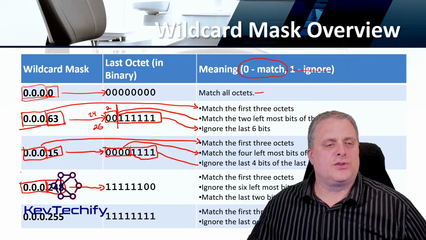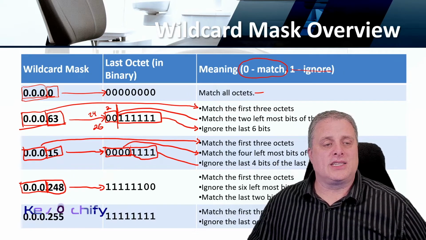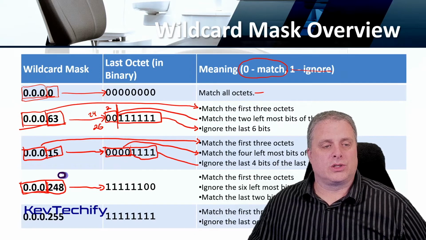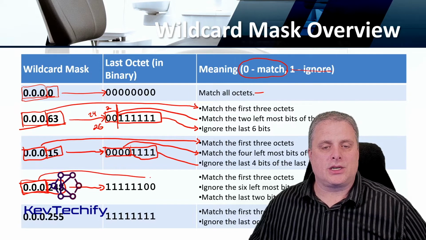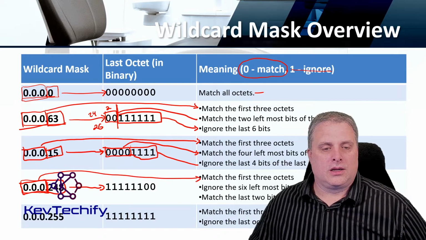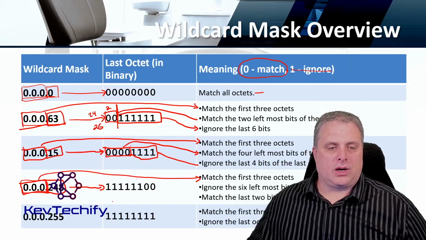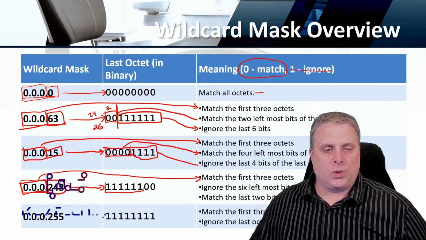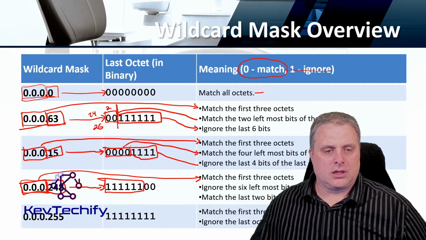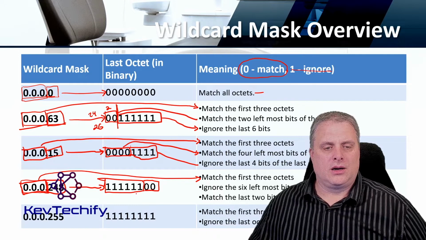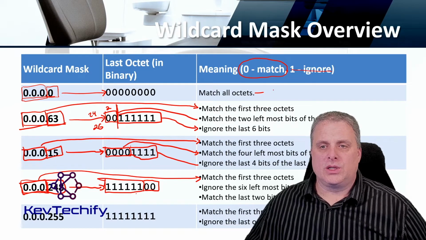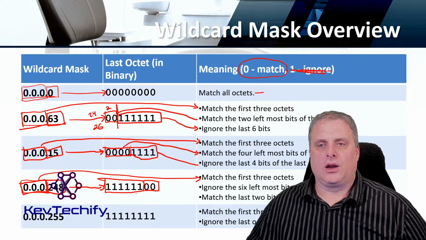If we look at the first 3 octets, our first 3 octets are all zeros. So we want those to match. We want these first 3 octets to match. But then we come into our 8 bits here. Our 8 bits have 6 ones and then 2 zeros. The 6 ones right here, we want to ignore them because, once again, we are ignoring where the ones are.